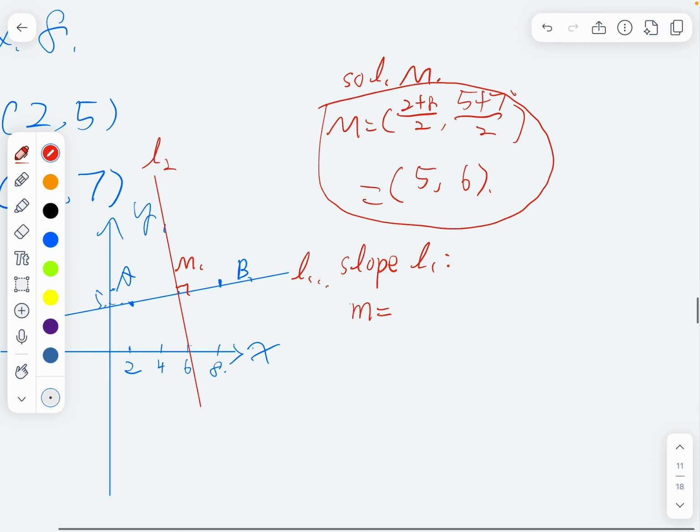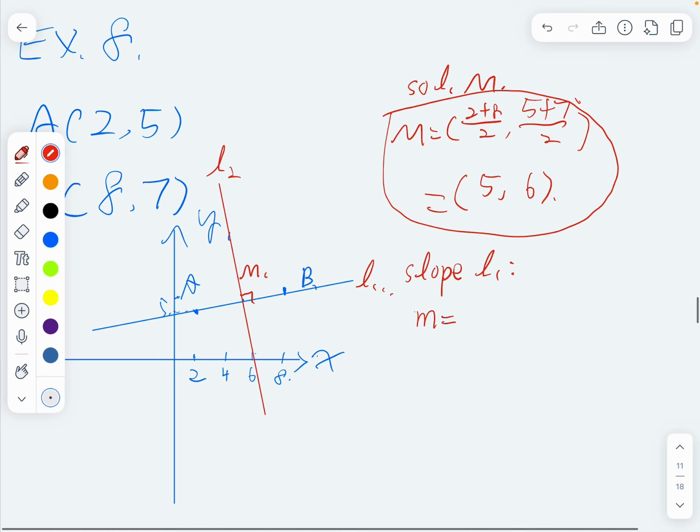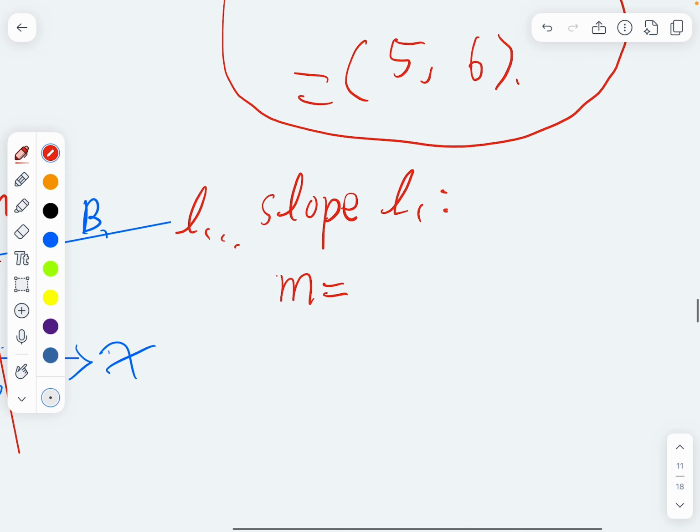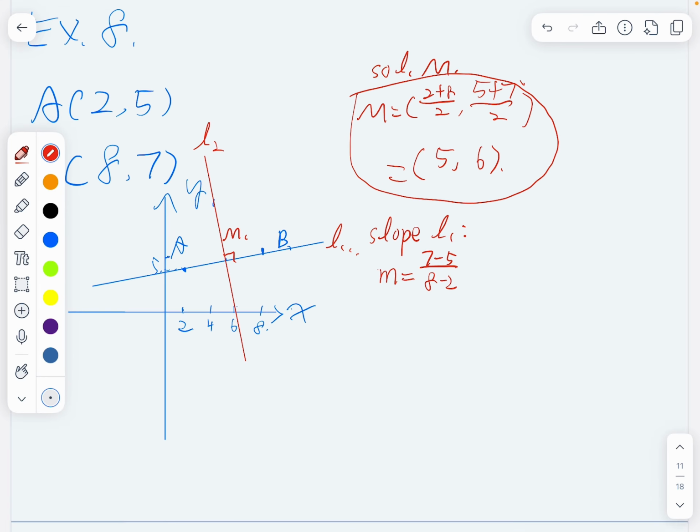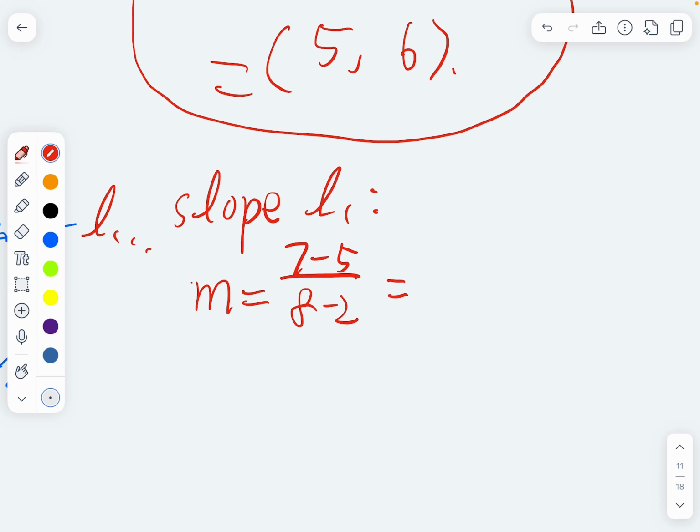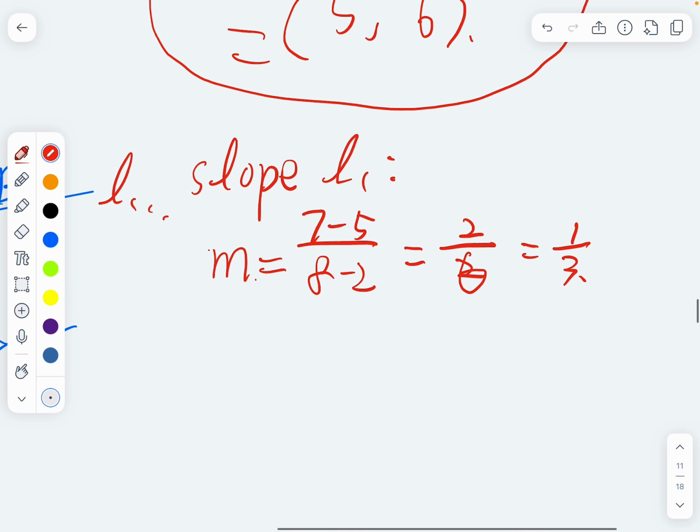So we use 7 minus 5 over 8 minus 2, which equals 2 over 6, so the slope m1 is 1 over 3.